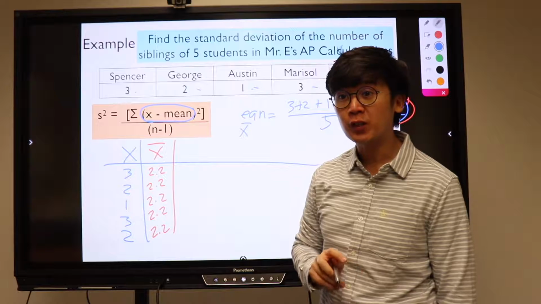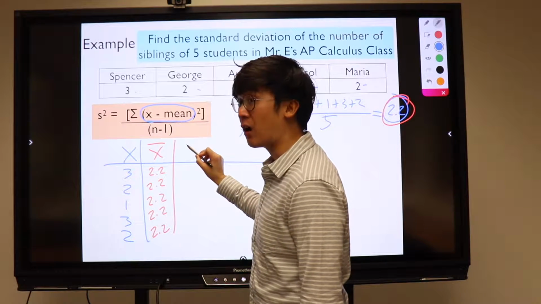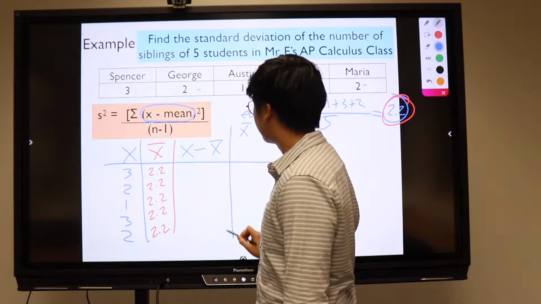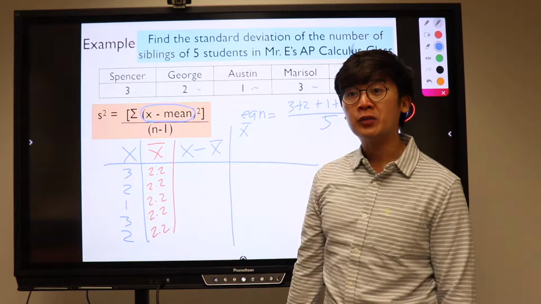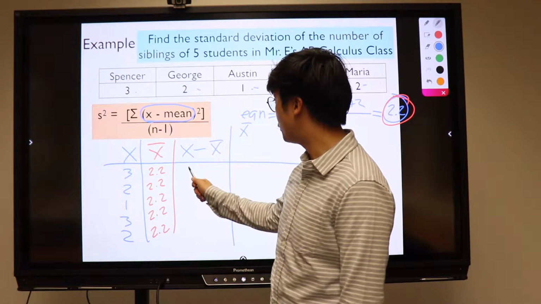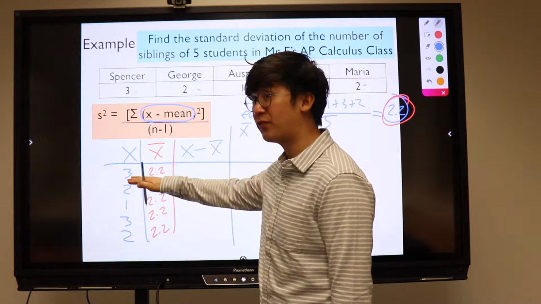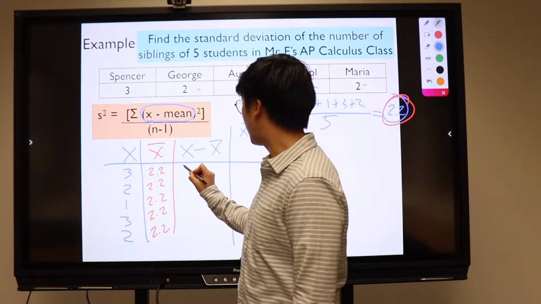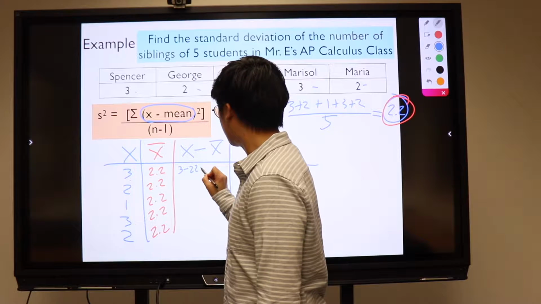And how are we going to compute x minus the mean? Let's use the third column. Now we're going to be using our calculator and organize it on our third column. How are we going to produce x minus mean of the first data point? 3 minus 2.2.